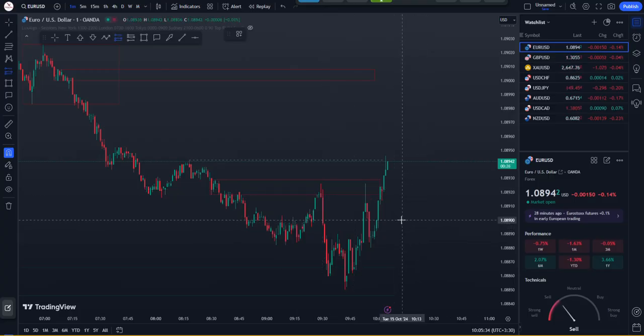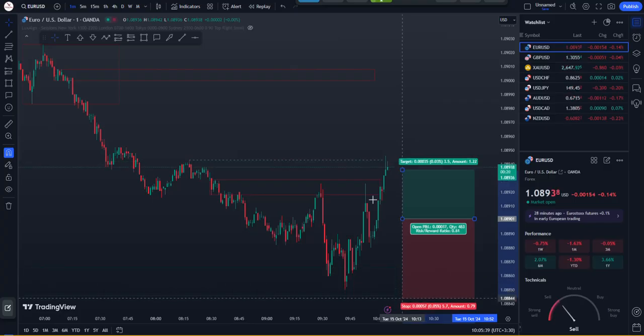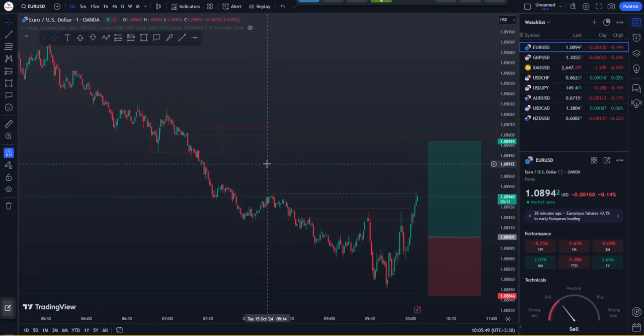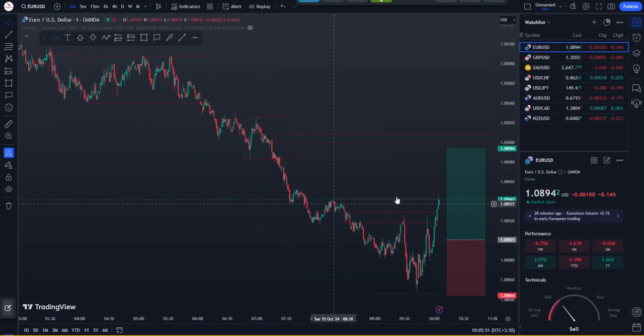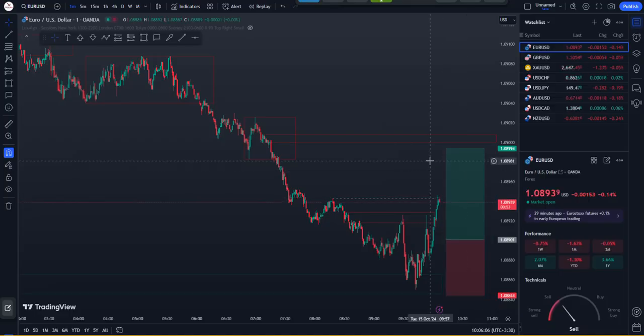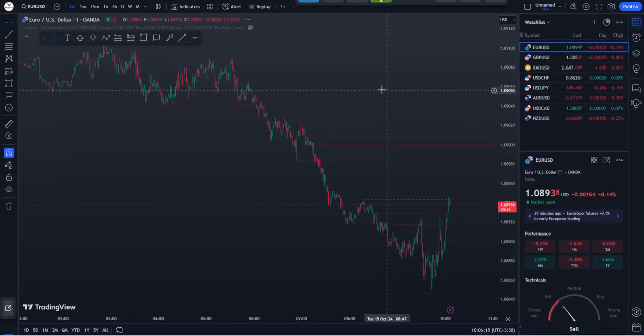So I think some long orders can be executed here with a stop loss lower than this level, and our target is this going up there. The actual target is here, and this is not going to be too great a risk to reward for us, so this is not going to be too great a trade, and I'm waiting for other opportunities.